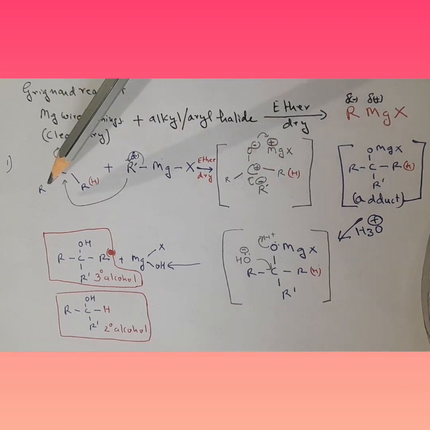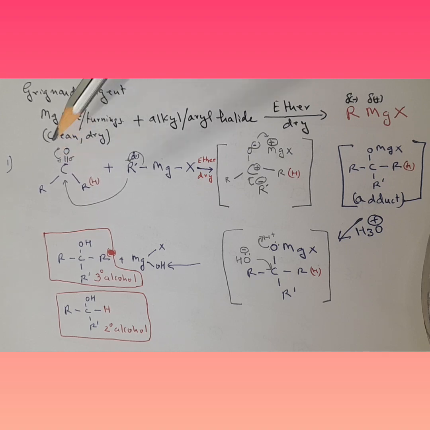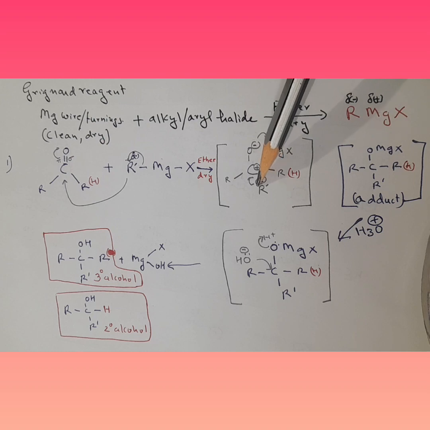So R' does a nucleophilic attack on this carbon of the carbonyl, the pi bond shifts over, and this attacks MgX plus. So we get this intermediate, R' attached to C-OMgX, and this R, in place of R it could be H also.